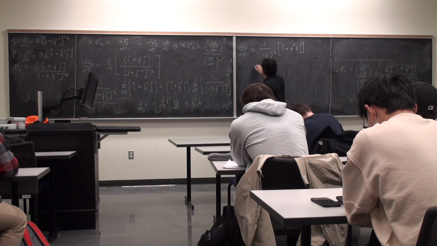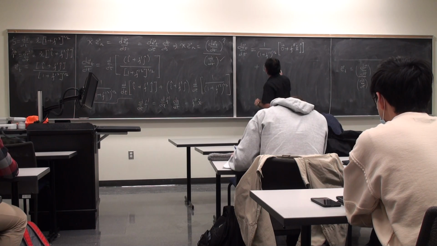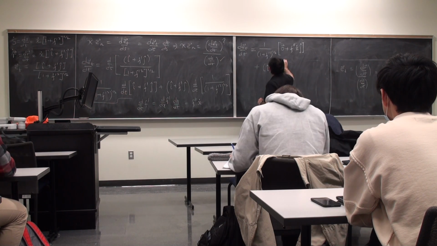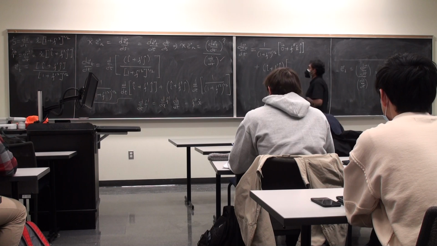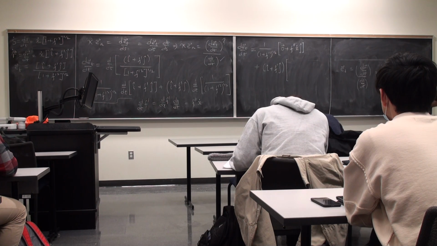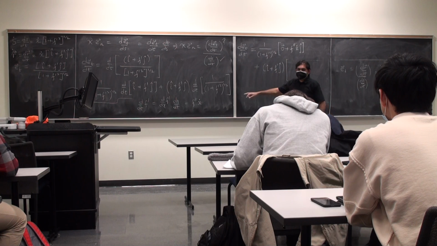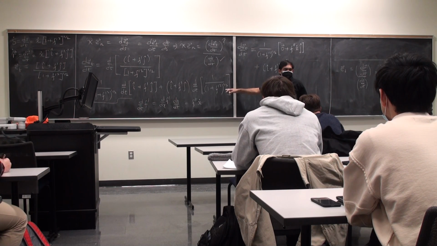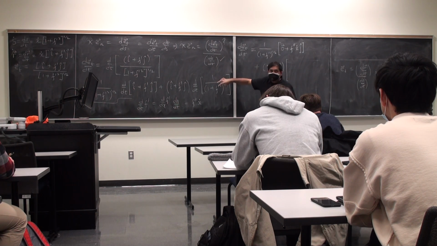Plus, the other nasty fellow is I had plus f prime j hat. With your permission, can I do this very quickly? It is just a basic differentiation. First I differentiate all the entries inside, and then I differentiate the fraction itself.